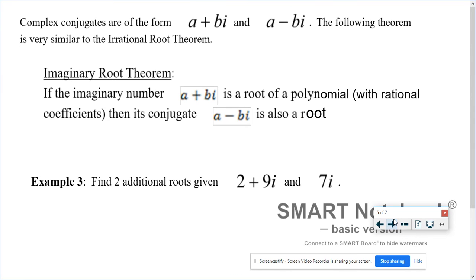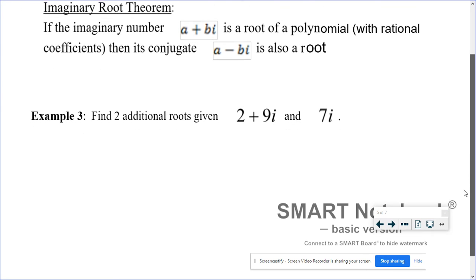The imaginary root theorem works very similarly. In this case, they are complex conjugates. So if a plus bi is a complex number, a minus bi is its conjugate. The imaginary root theorem states, if a plus bi is a root, then its conjugate a minus bi is also a root.